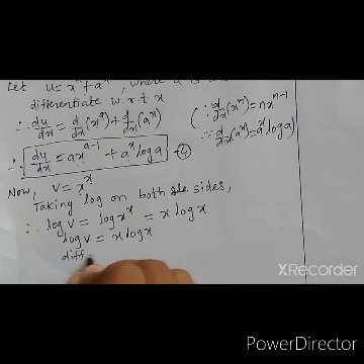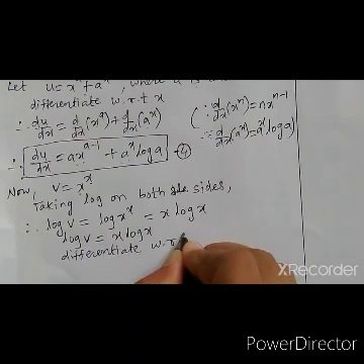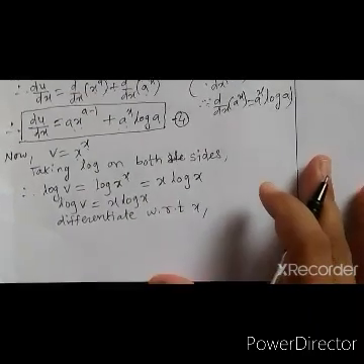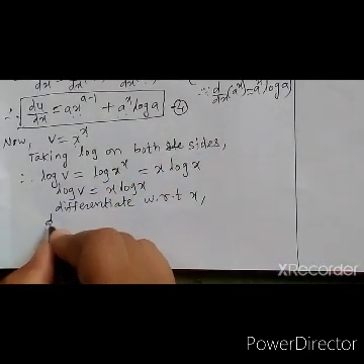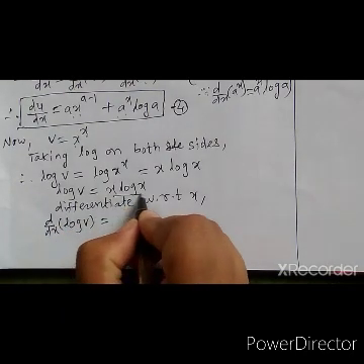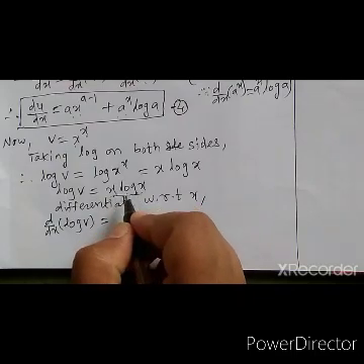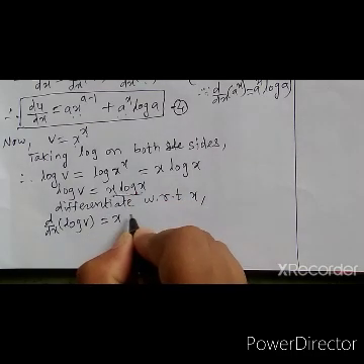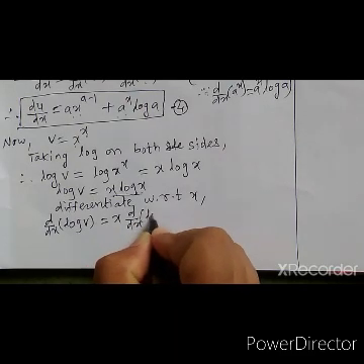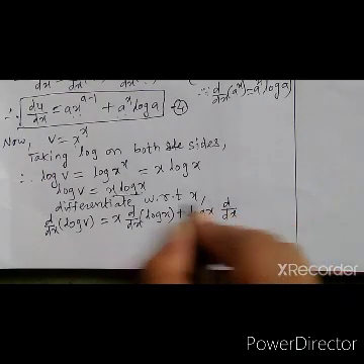Now differentiate v with respect to x. Therefore d by dx of log of v is equal to, here two terms are multiplied to each other, that is u dot v, and therefore we can use the formula of derivative of u dot v. So first is constant, x is constant, derivative of second, plus second constant, derivative of first, that is x.